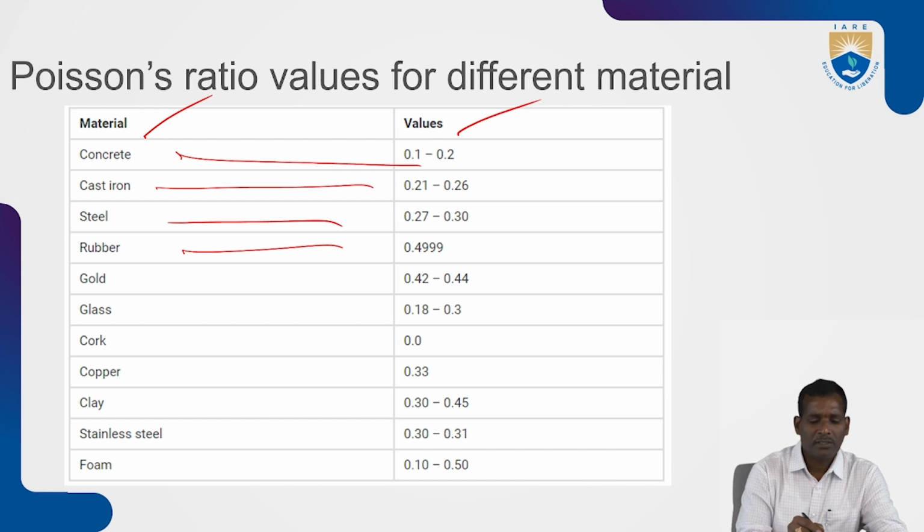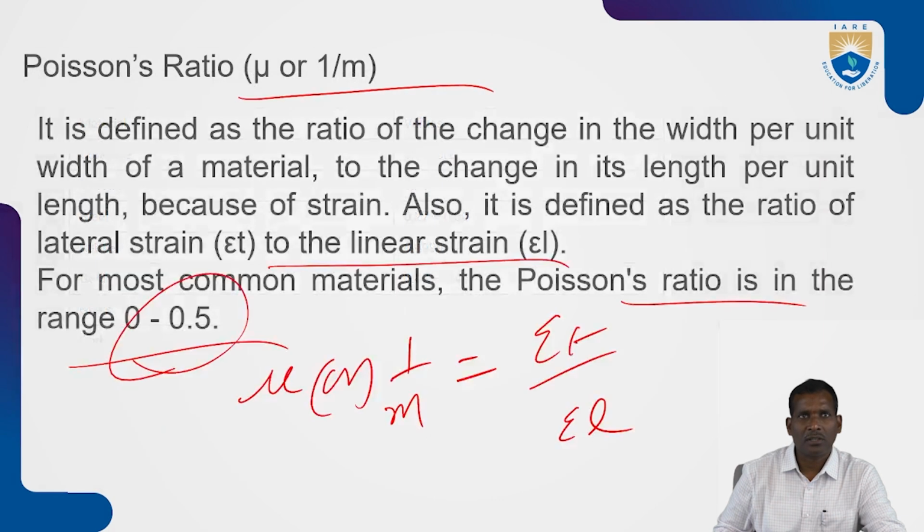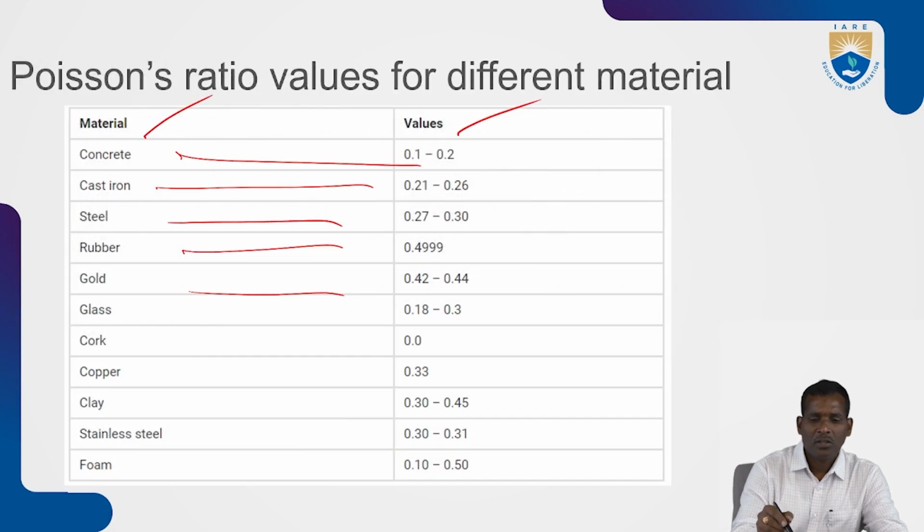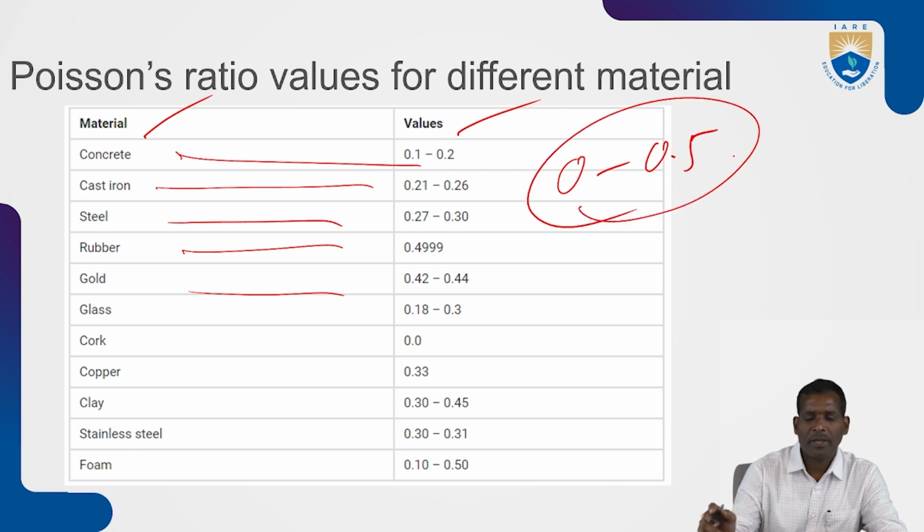Rubber 0.499, so you can take 0.5. Gold is 0.4 to 0.44. So all these values range between 0 to 0.5 only. The maximum value is 0.5, where it is foam.